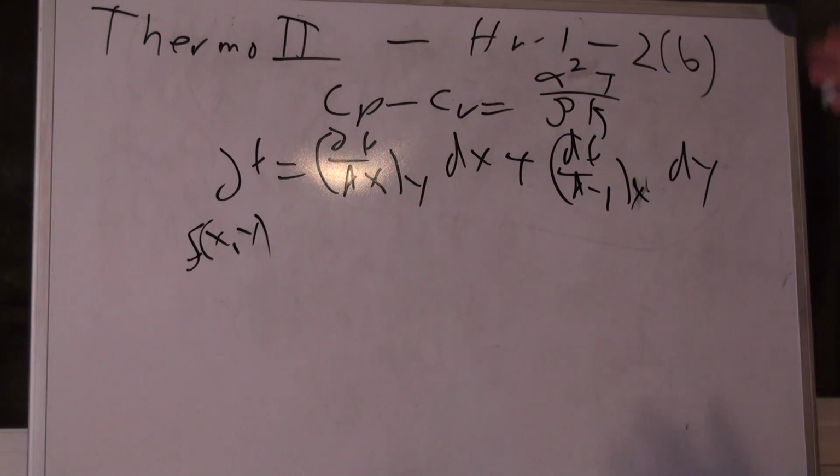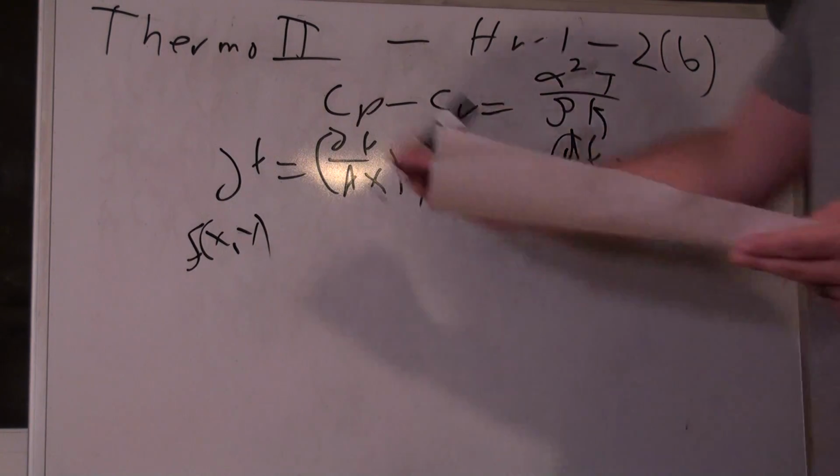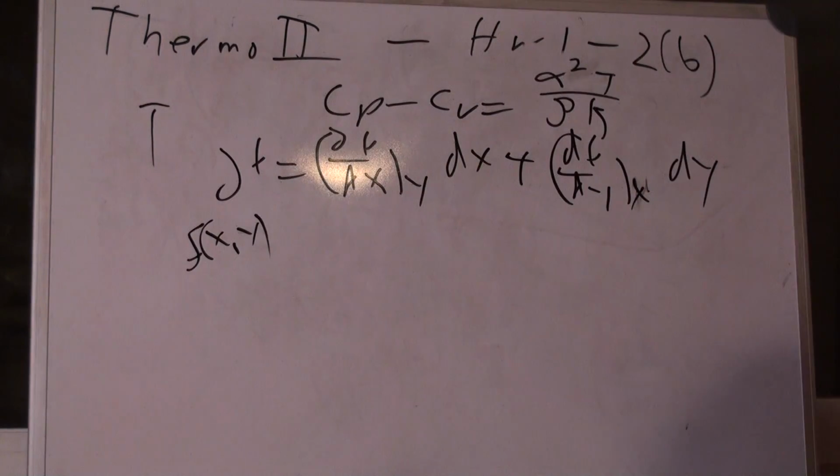In general, in all these videos, when I pause, you pause the video and think about it. So Cp, Cv, I look at the cheat sheet, and they all have T in common, but T looks more like an independent variable rather than a dependent variable.